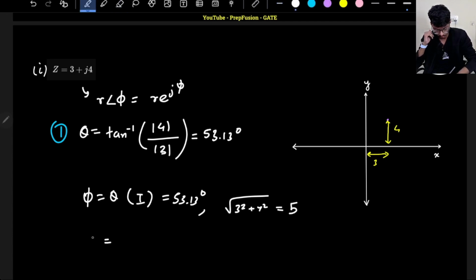So z is equal to 5 angle 53.13 degrees. That's it.